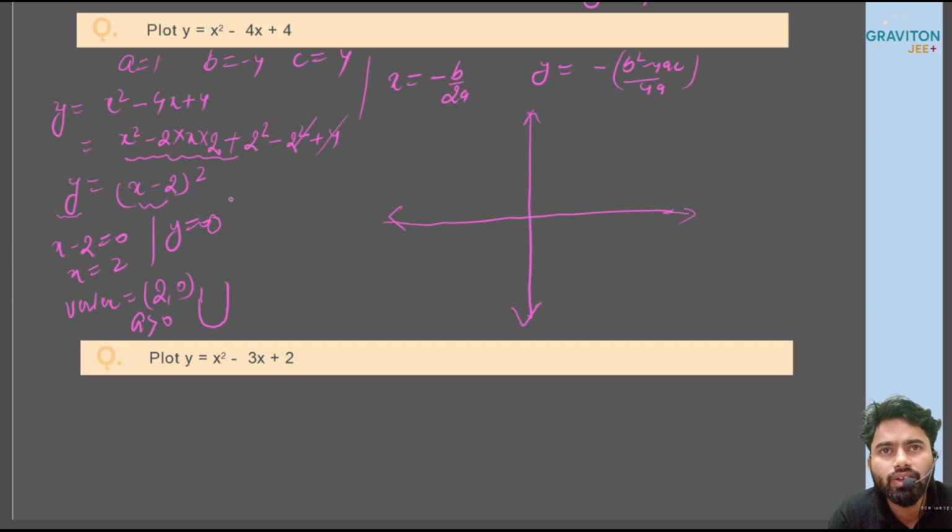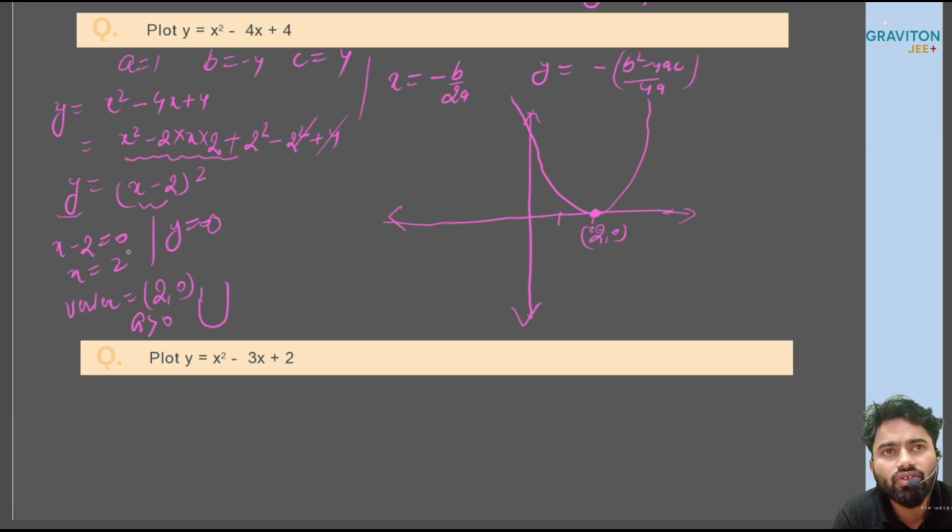Now you plot the parabola. Look here, where is the vertex lying? At 2 comma 0. So your vertex is here at 2 comma 0, and your parabola is facing upward. So draw the parabola from here facing upward. Your parabola will look like this.